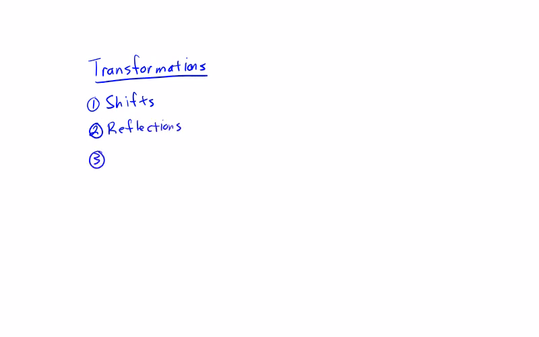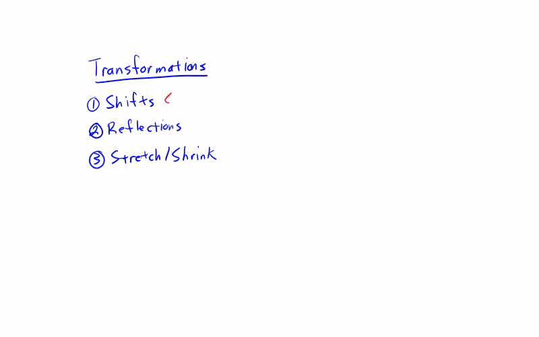And the third category is going to be the stretching and shrinking. So it's good that you know these different types of transformations, but just knowing the transformation is not enough. You also have to understand how it's represented algebraically. Algebraically meaning, how does it look in the equation?